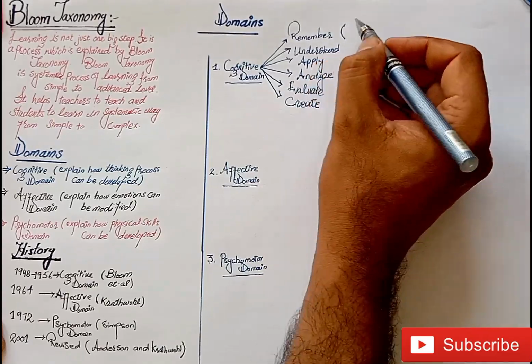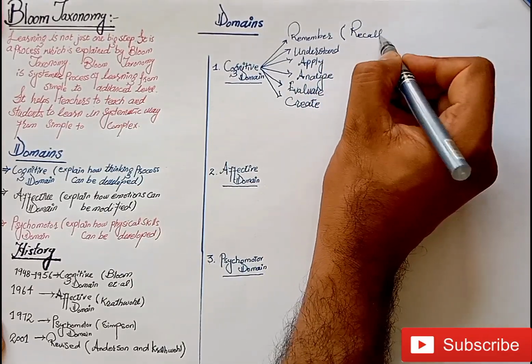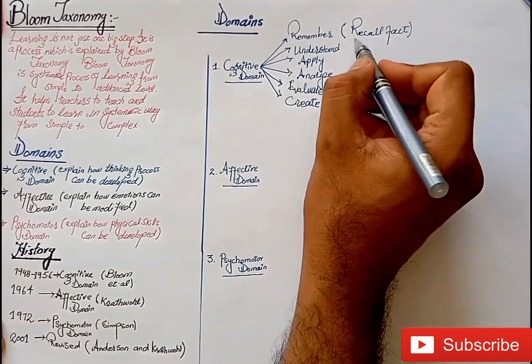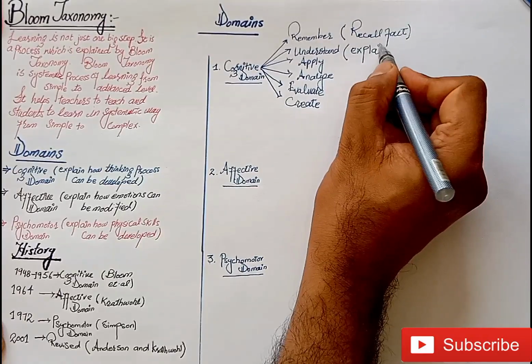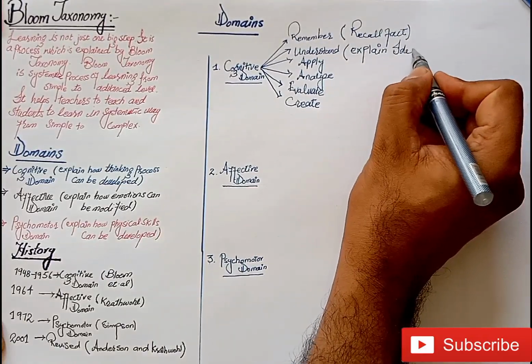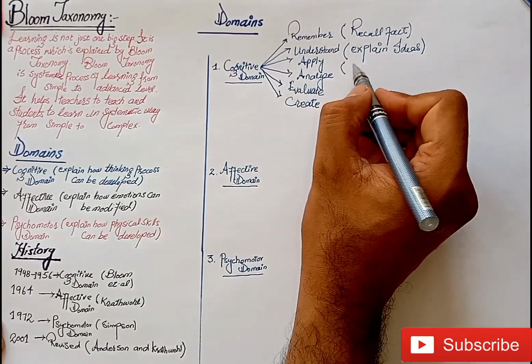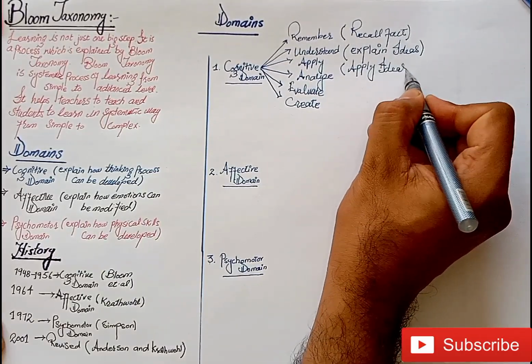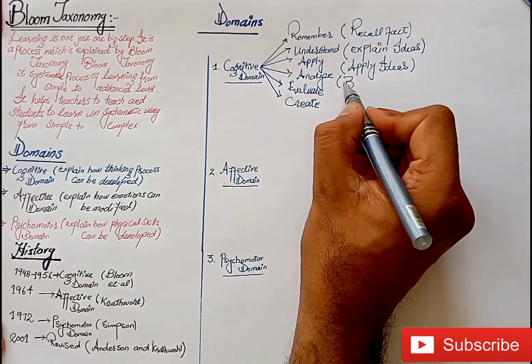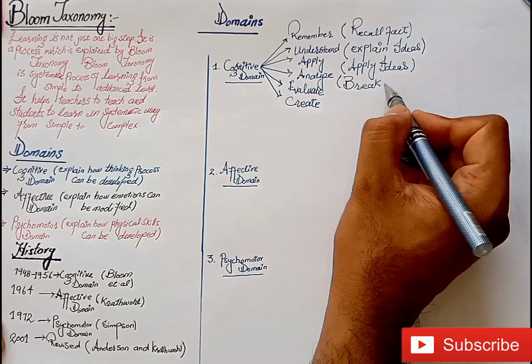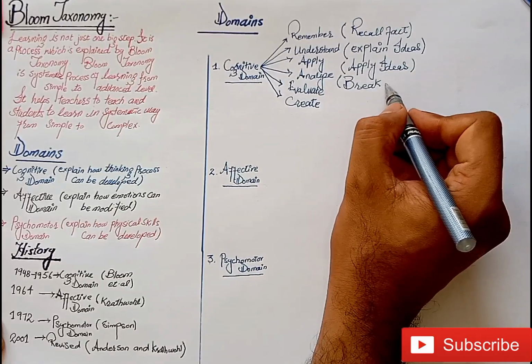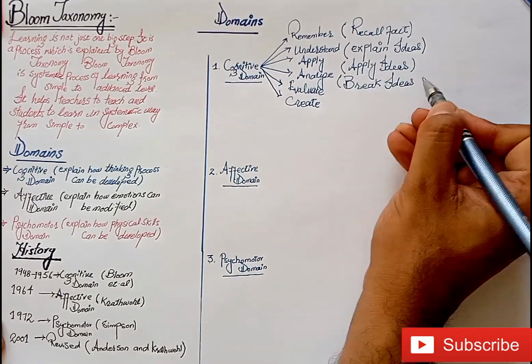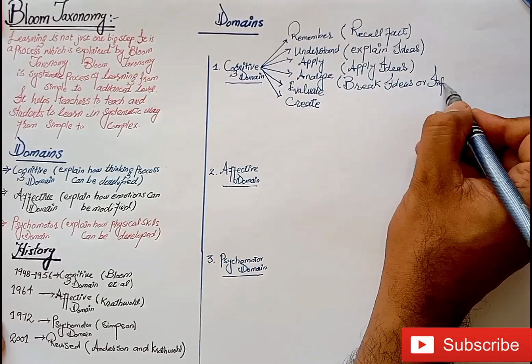In the first step, students just recall the facts or memorize things, and in the second step, students are able to explain those ideas which they have learned. And in the third level, they apply those ideas and information. In the next level, analyze, they break down information or ideas into different parts or compare.